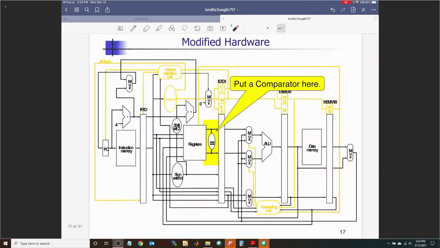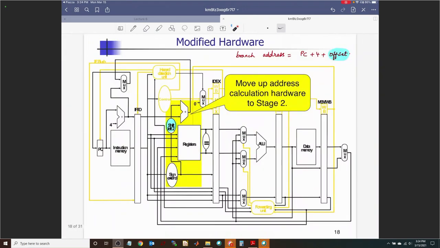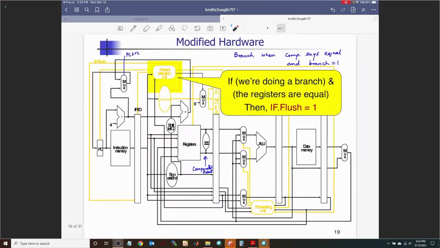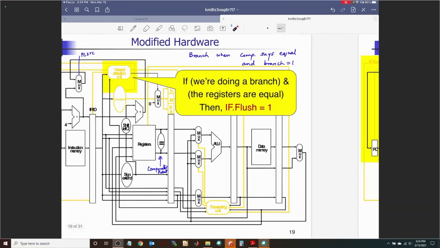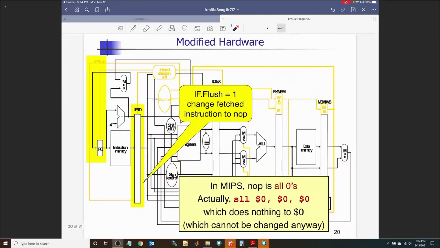All right, let's go on. We talked about this. Comparator, flush it out. So if our flush signal is 1, then that means we change the fetched instruction to a NOP.